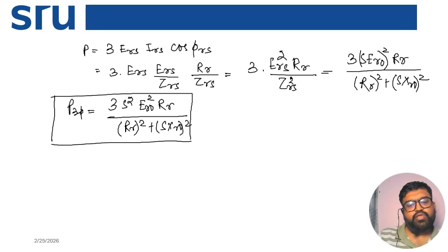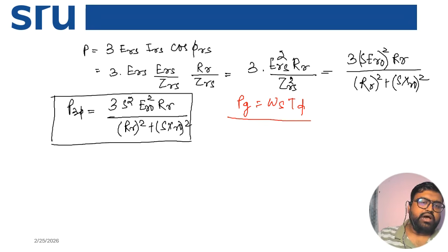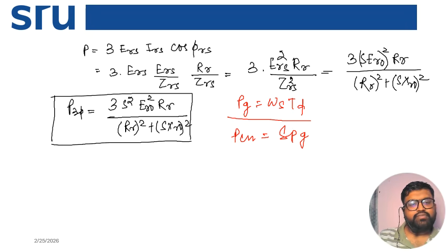From the previous discussion, what we got is that your air gap power is equal to omega S into torque developed. That one part we discussed. Another part also we discussed, that P copper equal to S into Pg. Right? Now you see, leave all the parts.